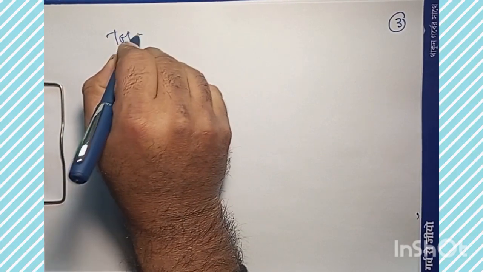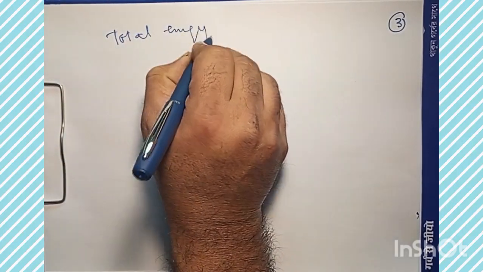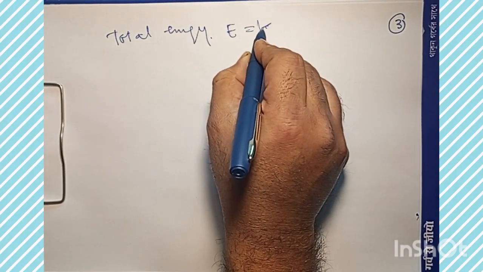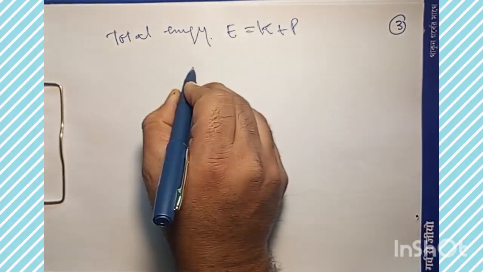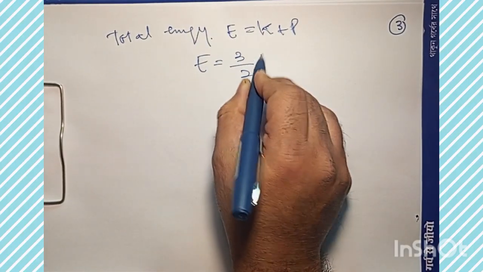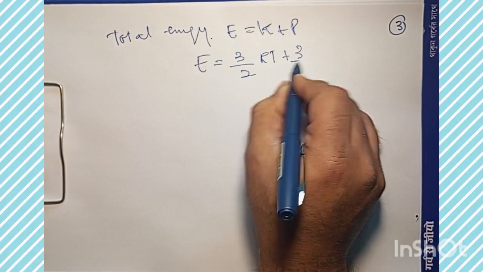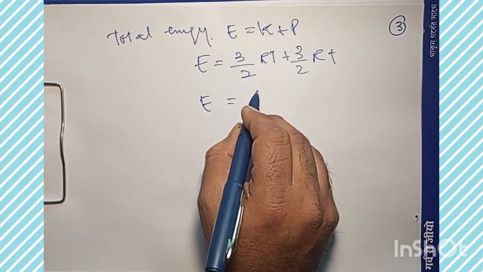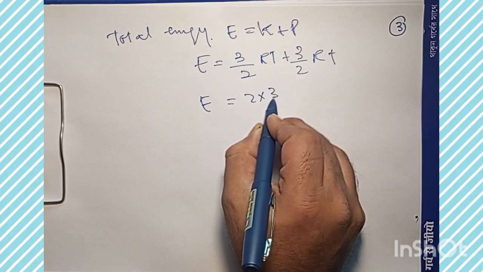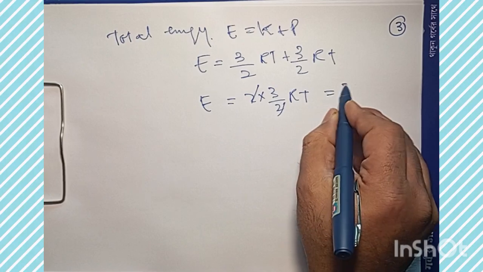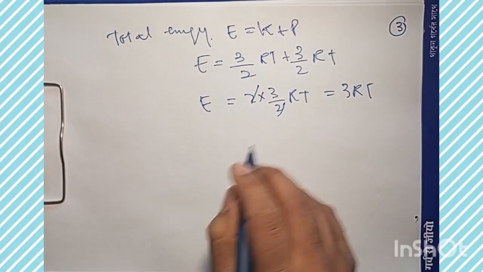So total energy must be kinetic energy plus potential energy. So this total energy must be 3 by 2 RT plus 3 by 2 RT. So this total energy will be 2 times 3 by 2 RT, and this 2 and 2 will go, and we will get 3RT.